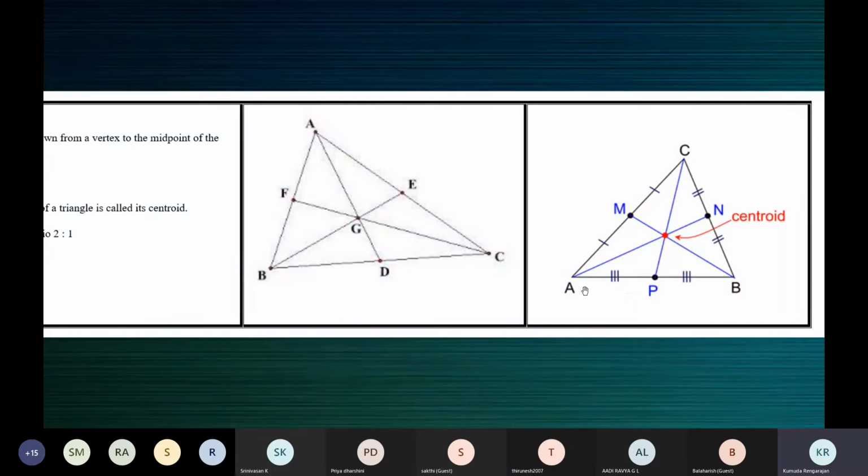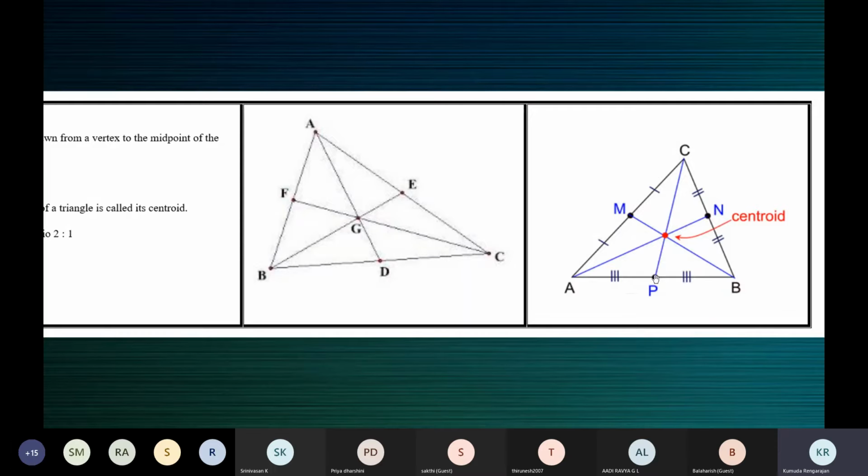See, children, now you know the address of A. Just to make it simple, we'll call it 0, 0. Let A be 0, 0. And let the coordinates of B be, say, 4, 4. Just assume 4, 4.